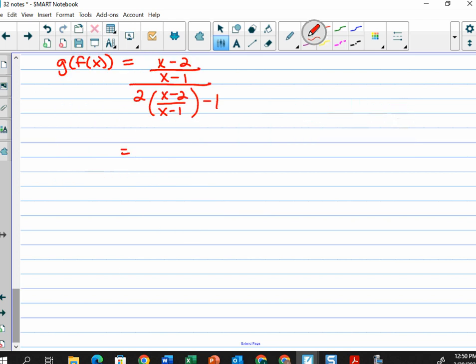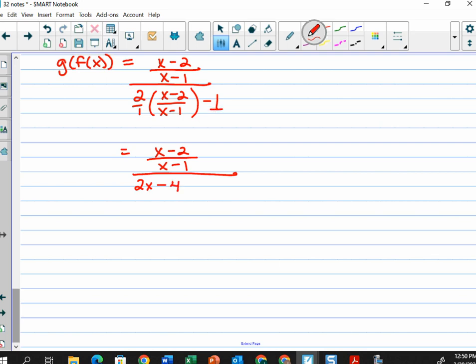All right, x minus 2 over x minus 1. I don't have to do anything with that. Now, multiplying by 2. Remember, that is 2 over 1. So you don't take numerator and denominator times 2, just numerator. So that's 2x minus 4.